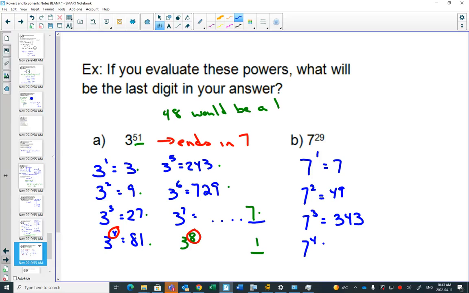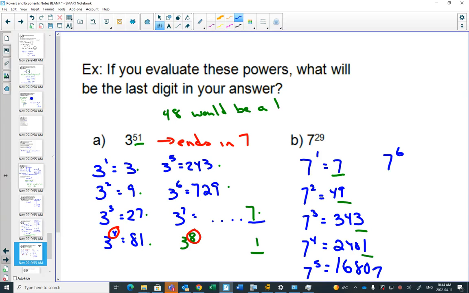No. 7 to the 4 is 2401. And then 7 to the 5 is 16807. The last digits read 7, 9, 3, 1. The pattern is still 4, eh?